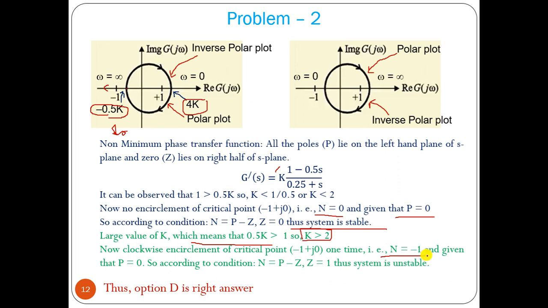So, N becomes minus 1 and the system becomes unstable. That means for a k value greater than 2, if this point goes inside, that means 0.5k greater than 1, that means k greater than 2, then it encircles the minus 1 plus j0 point one time in the clockwise direction. So, N equal to minus 1. So, Z becomes 1. So, the system becomes unstable.